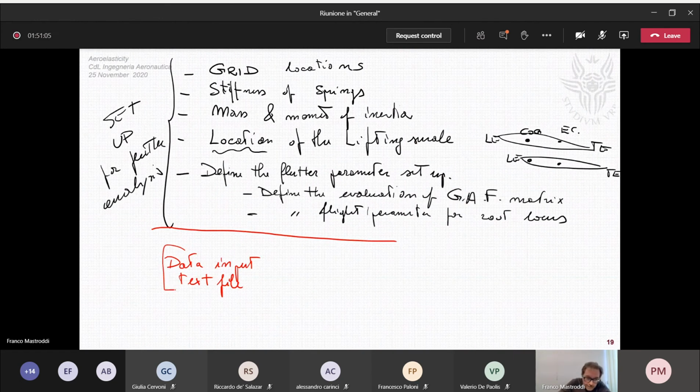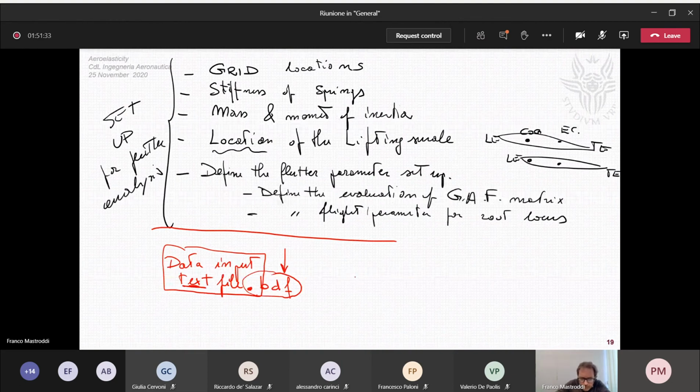And this data input file is, as the name says, a BDF file, bulk data file. The standard extension for a Nastran file is this, and this is a text file.